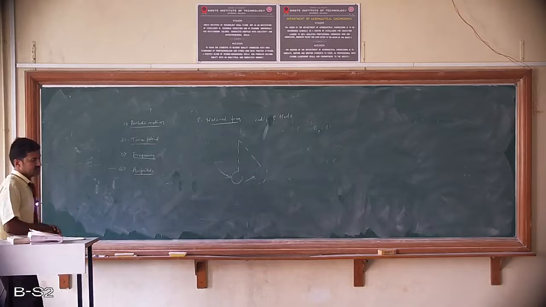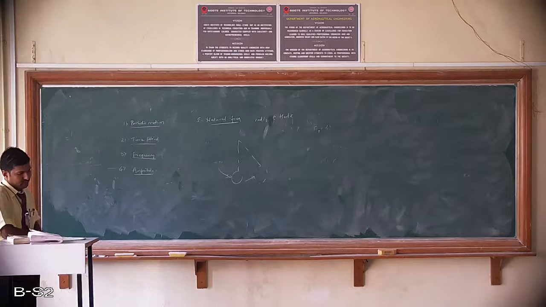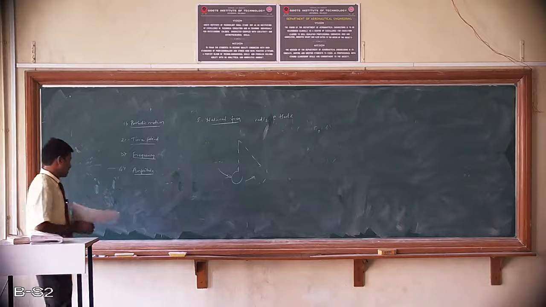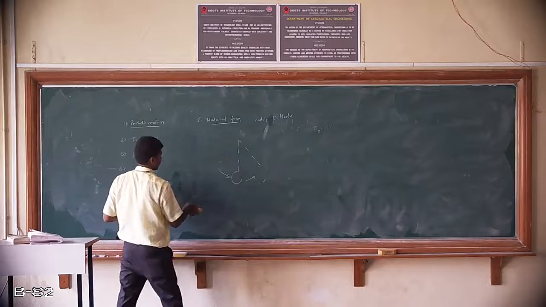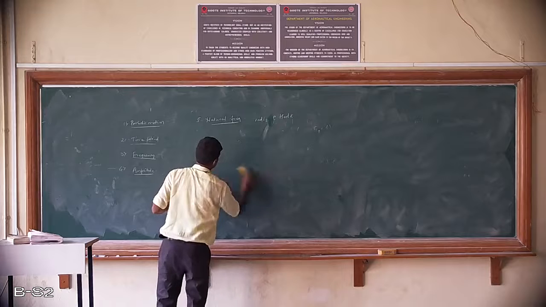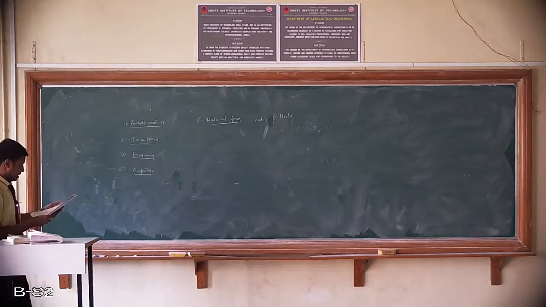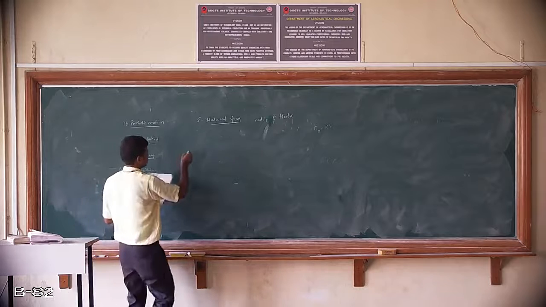So after an initial displacement, the body starts to vibrate. These vibrations are called as free vibrations, and their frequency is called as natural frequency, represented in radian per second or in hertz. So this is the definition of natural frequency. The next term is degree of freedom.